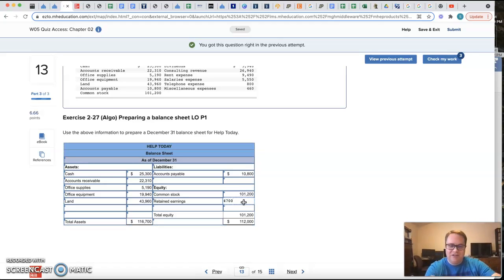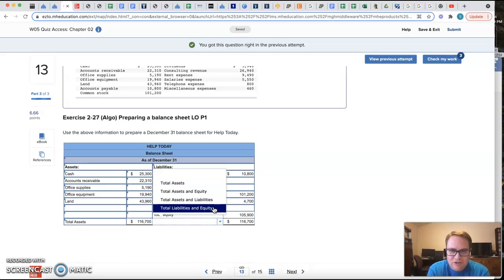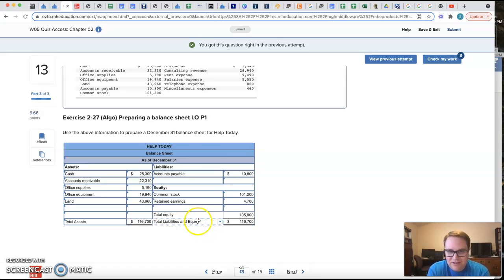If you need to go back and look at the prior question, you can look at that to get that number. And then now here at the very bottom, this is the total liabilities and equity together. And so those two totals are now matching, which means we've entered the information correctly on here. Assets always equal liabilities and equity.